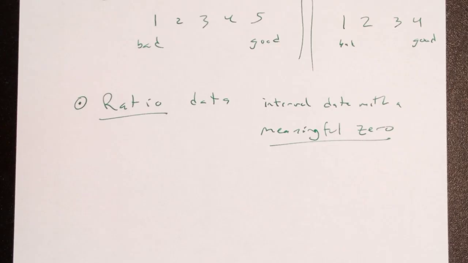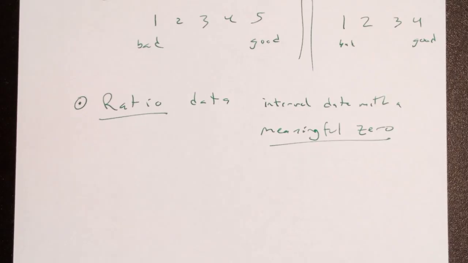The temperature on the field, start of the game. Degrees Celsius. Technically ratio, but it doesn't have a zero that means something, which means it's not technically ratio.